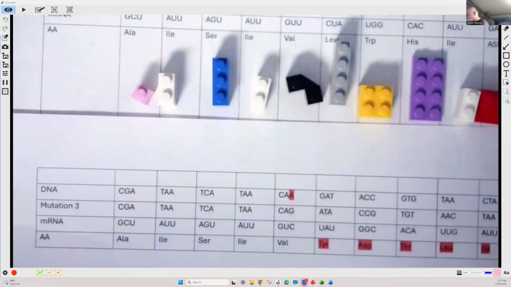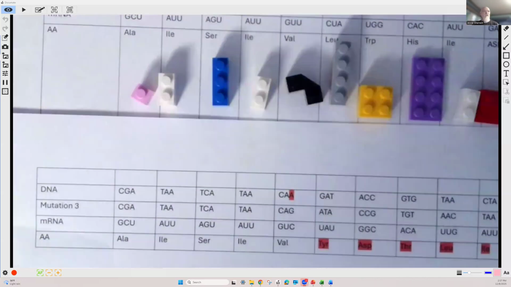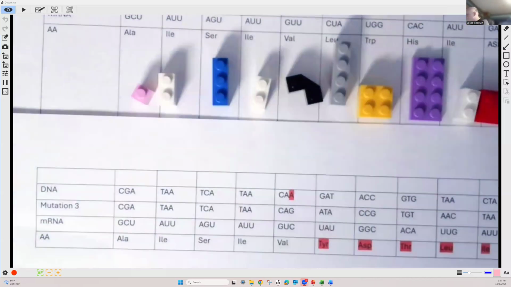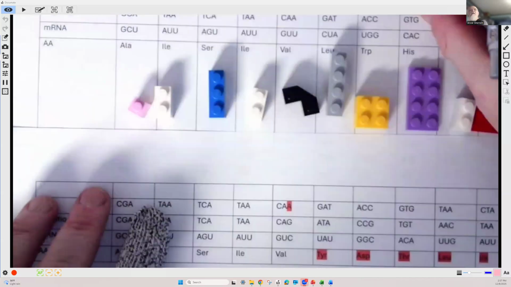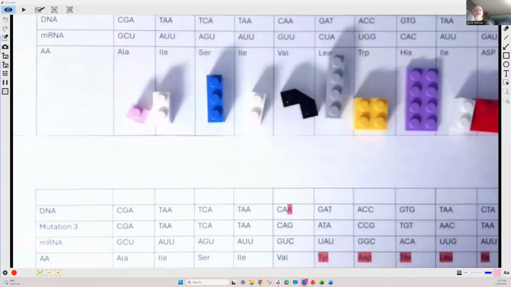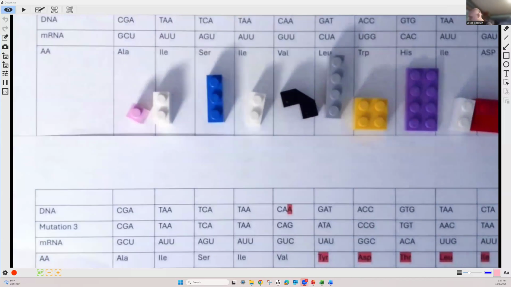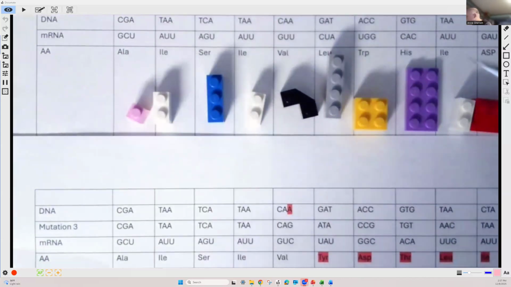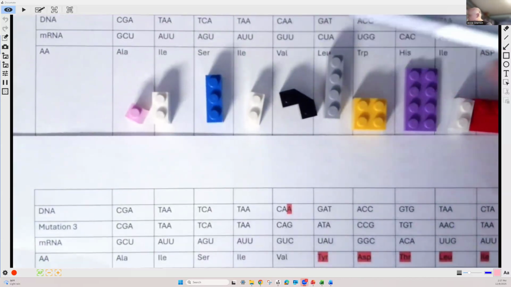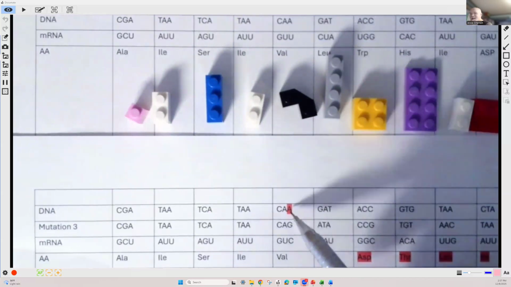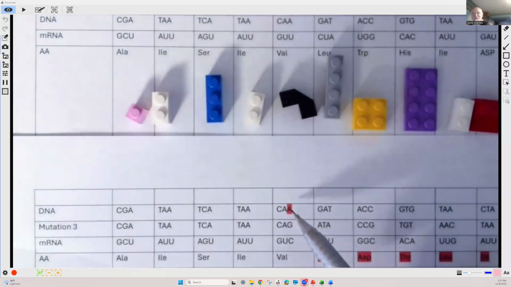This one is kind of interesting because, slide down just a bit more here, you can see in red what changed, but we went from CAA to CA. In this case, I deleted this. What happens with DNA is a chunk gets deleted.